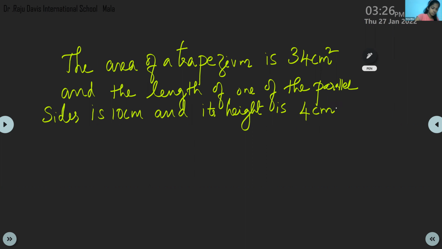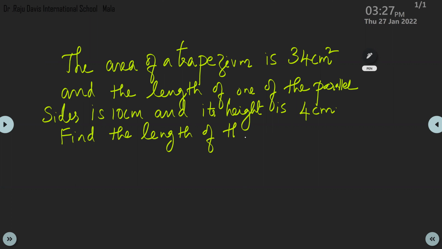Find the length of the other parallel side.